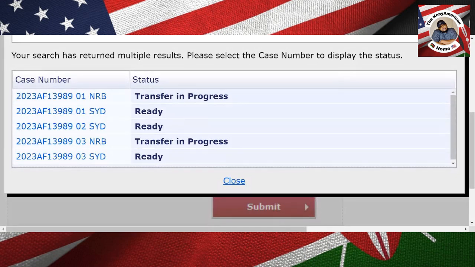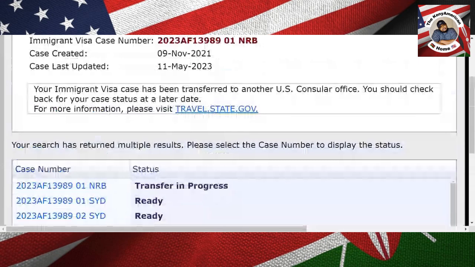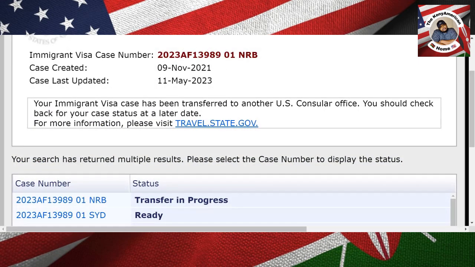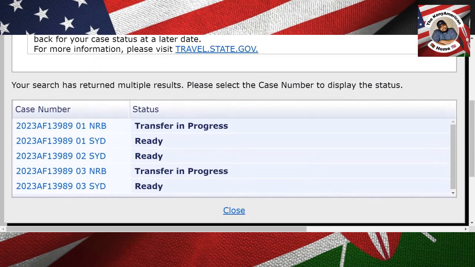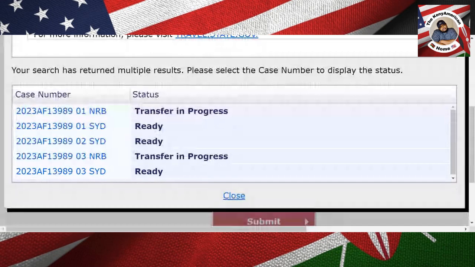So this is NRB. This is an Africa case, AF, because it has the AF acronym in it, and NRB was where the case originated. So what I can deduce from this is that this is a Kenyan national. AF is counting for Africa.